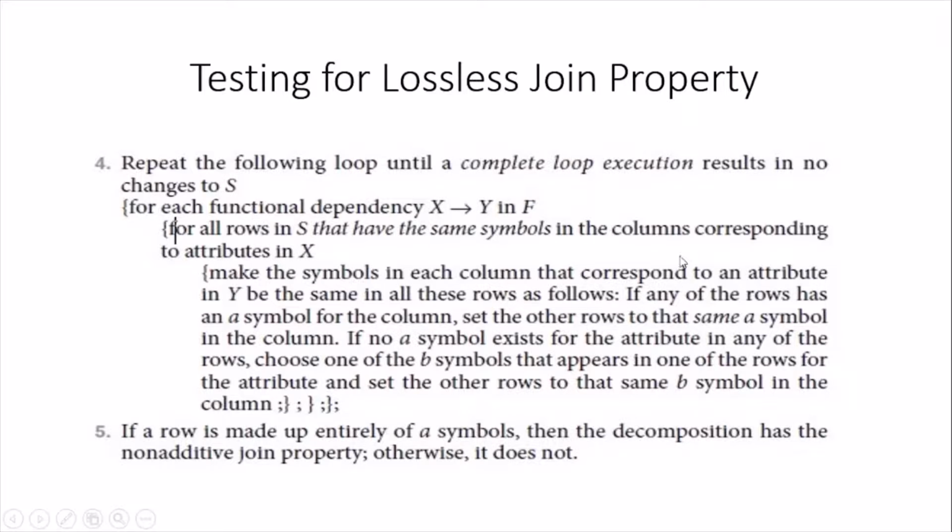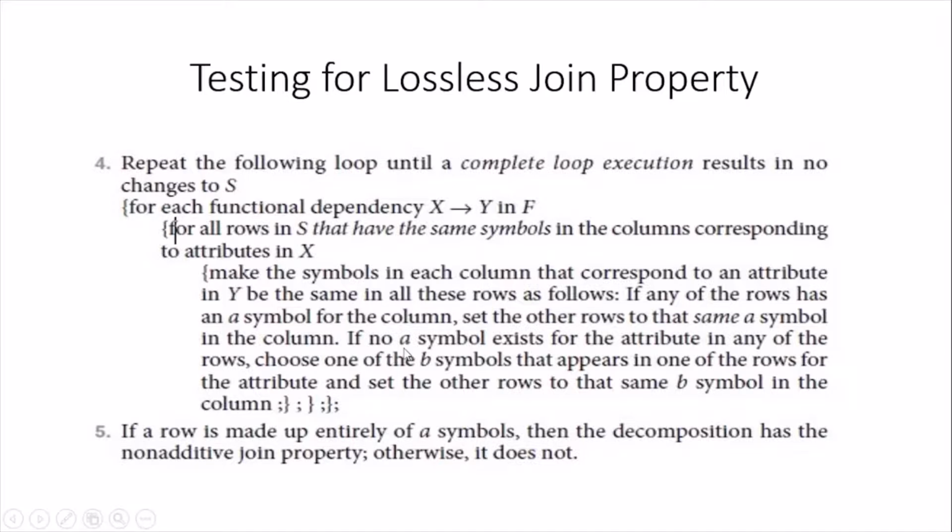If they have the same values, then if any of the rows has an A symbol for the column, set the other rows to that same A symbol. If you have an A in that particular column, then set the other rows to that same symbol.